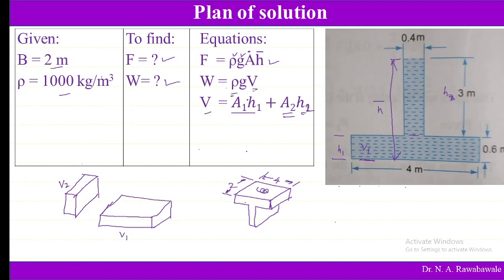To solve this, first of all, this total distance can be called h bar, because the base of the tank is at a distance of h bar, which is equal to 3 plus 0.6, that is 3.6 meters.